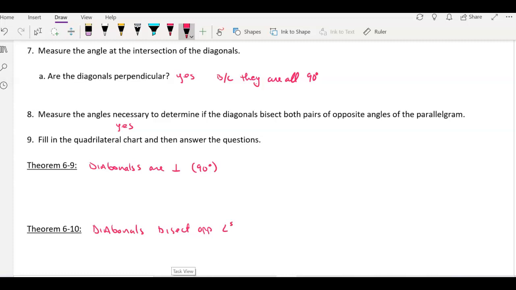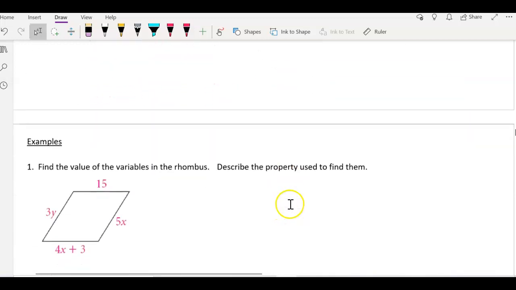All right, so a rhombus has these two properties in addition to all of the properties of a parallelogram. You have to keep that in mind.